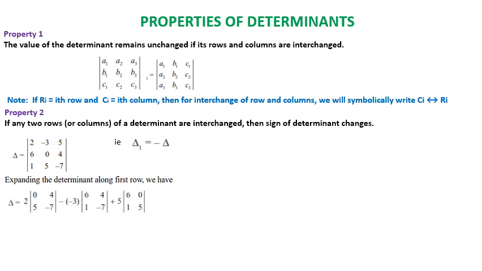That is delta is equal to first element, the sign is plus, first row first element a11, that is 1 plus 1, 1 plus 1 is 2, 2 is even, that's why the sign is positive. That row and column is left or cancelled and balance, that is 0 4 5 minus 7, that is the 2 by 2 determinant we have got here.